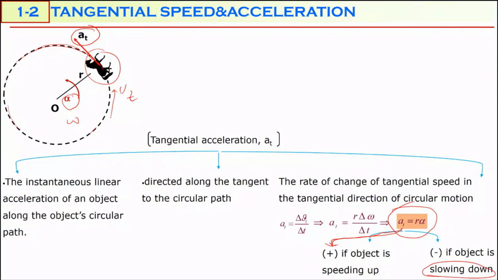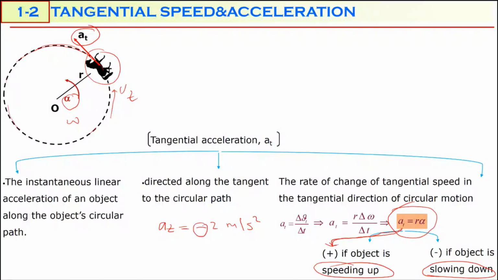So by looking at the value of the tangential acceleration, you can understand if an object is speeding up or slowing down. For example, if a question says tangential acceleration is negative 2 meters per second squared, is the object speeding up or slowing down?